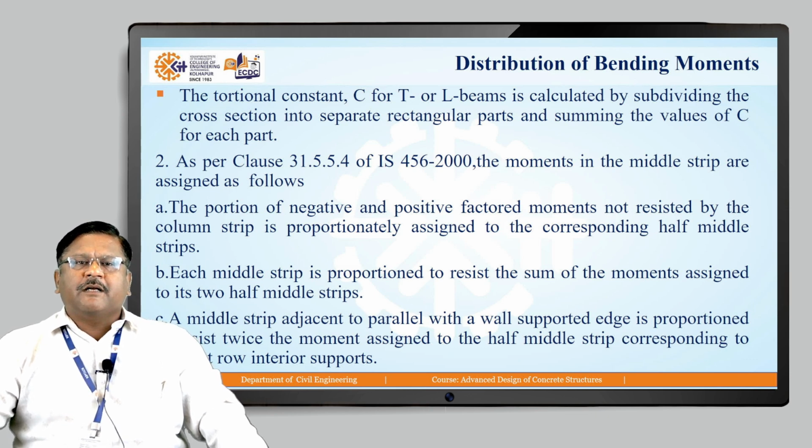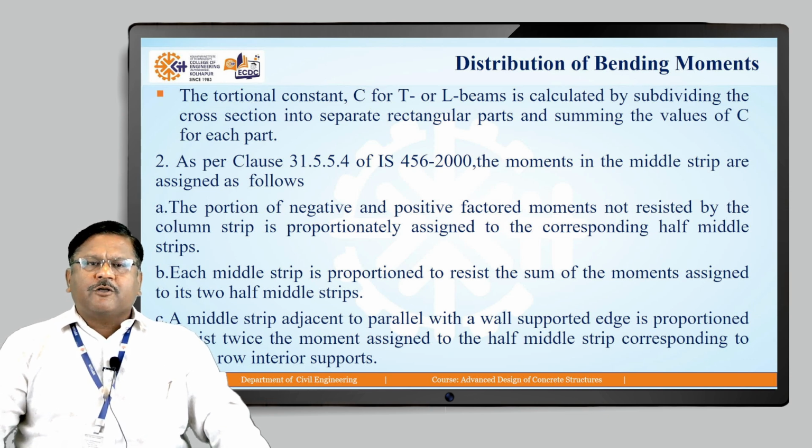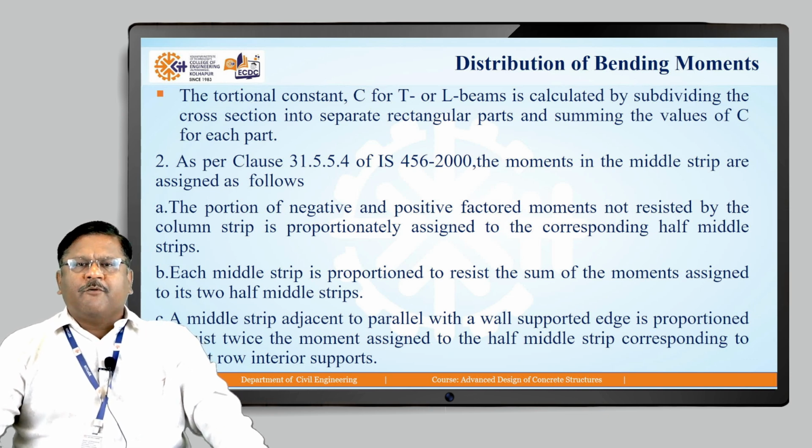As per clause number 31.5.5.4 of IS 456-2000, the moments in the middle strips are assigned as follows. The portion of negative and positive factored moment not resisted by the column strips is proportionally assigned to the corresponding half middle strip.